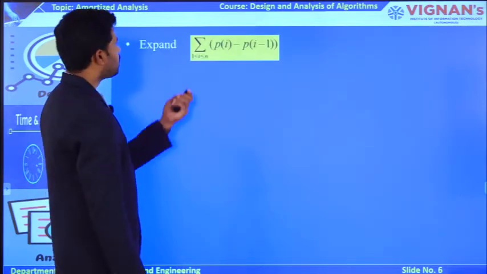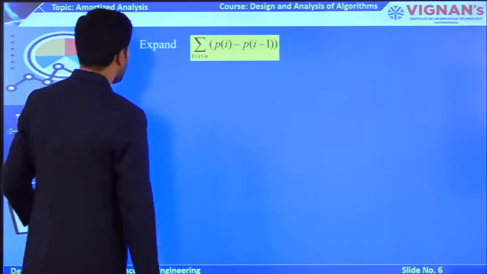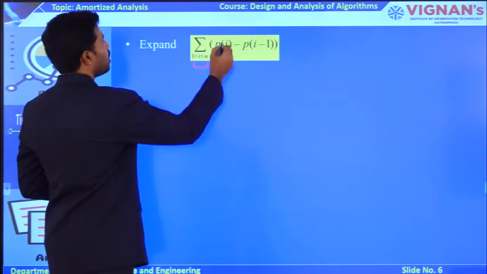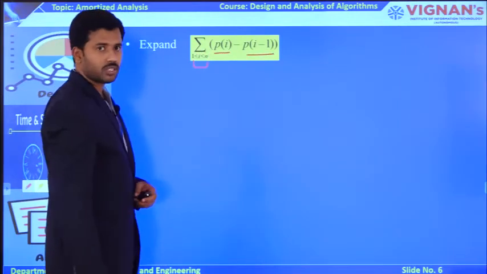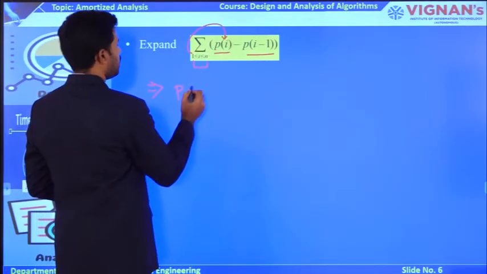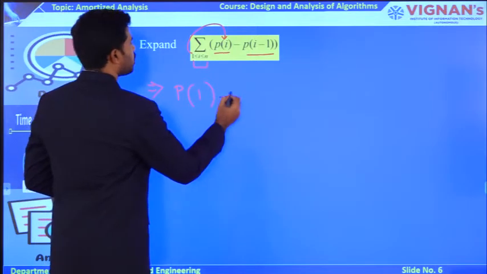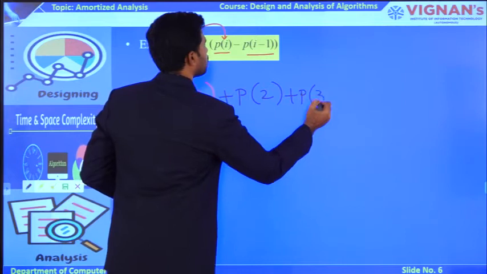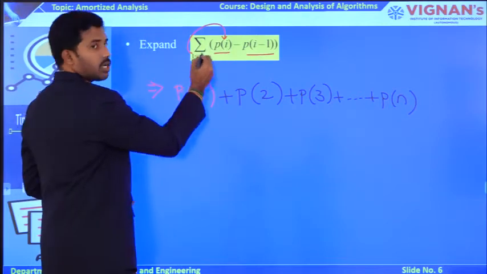Now try to expand this LHS part of your master equation number 3. How many elements are there? What is the sigma range? 1 to n. So apply the values 1 to n in P of I as well as P of I minus 1. If I take I value as 1, it looks like P of 1. If I take I value as 2, it looks like P of 2. For the next one, P of 3, and so on up to plus P of n, right? Because the range is 1 to n.